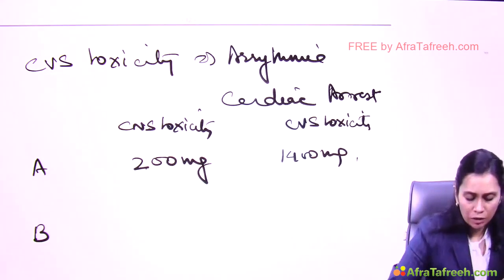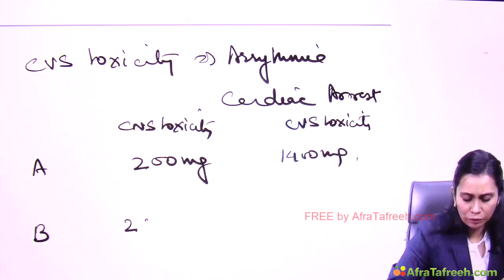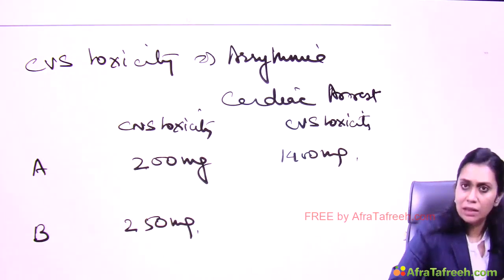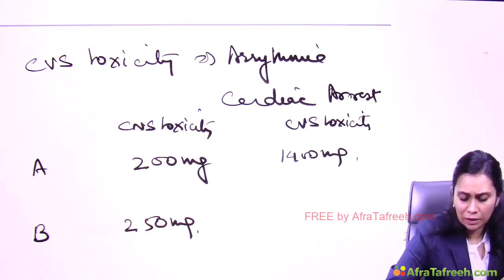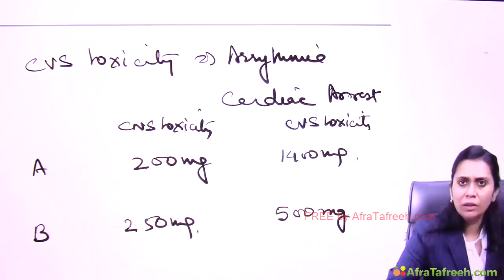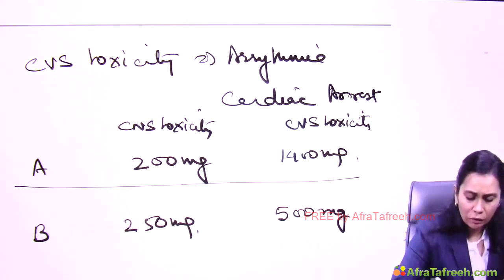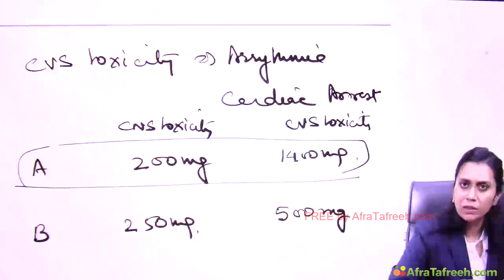Drug B causes CNS toxicity at 250 milligram and CVS toxicity at 500 milligram. Which is the safer drug? Definitely drug A, with a wider margin between CNS and CVS toxicity.